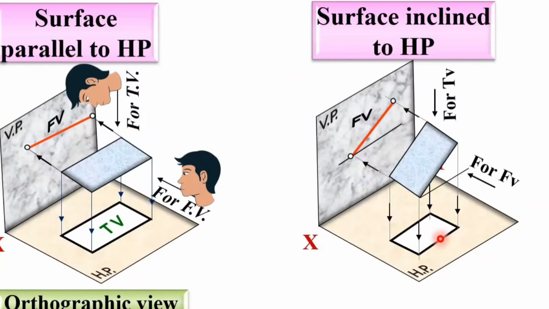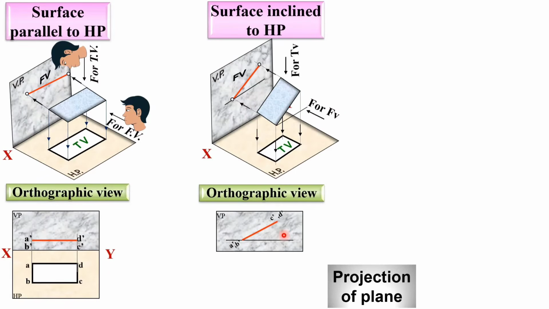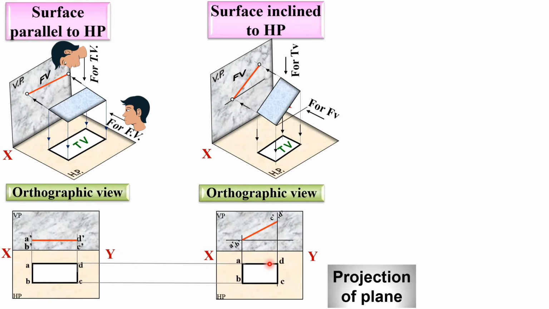That's why it is called the apparent view, and this is the top view. If you draw the orthographic projection, then above XY there is the front view, and below XY there is the top view. So if you see, in the first case, if the plane is parallel to HP, you can see the true shape in the top view. But if it is inclined to HP at a certain angle, then the top view will be considered an apparent view, that means the length of this rectangle is a little bit shorter.